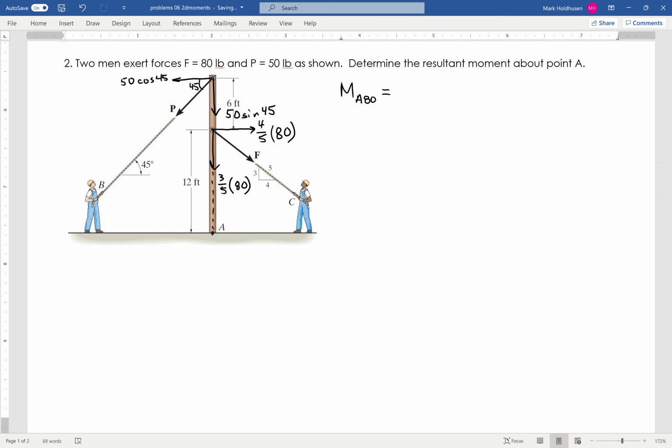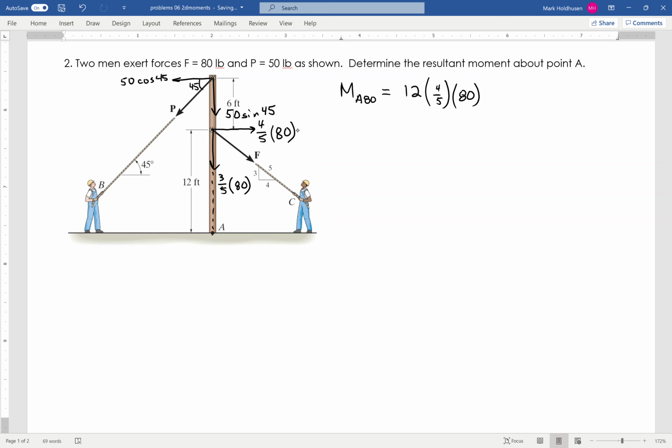Therefore, I'm going to take that vertical distance, 12, times the horizontal force, which is 4/5 times 80. And again, the 3/5 goes right through point A, so there is no horizontal distance to that vertical force. It's 0. So I only have the vertical distance times the horizontal force.